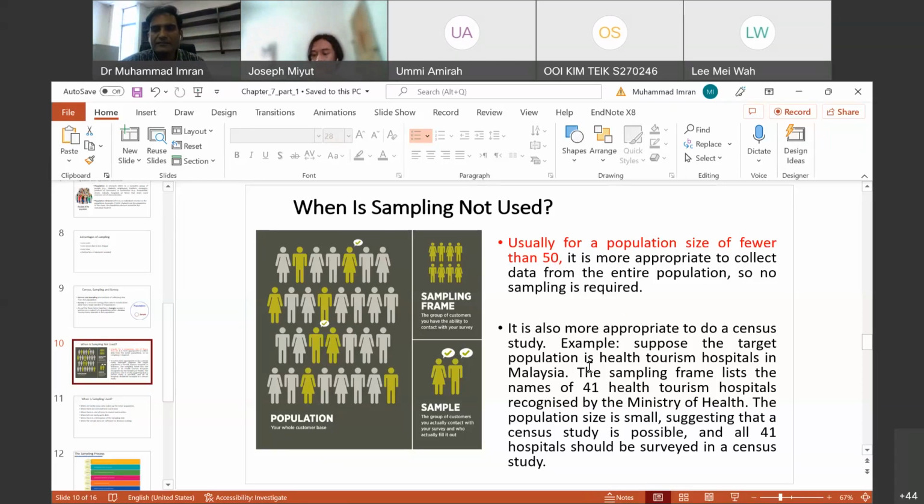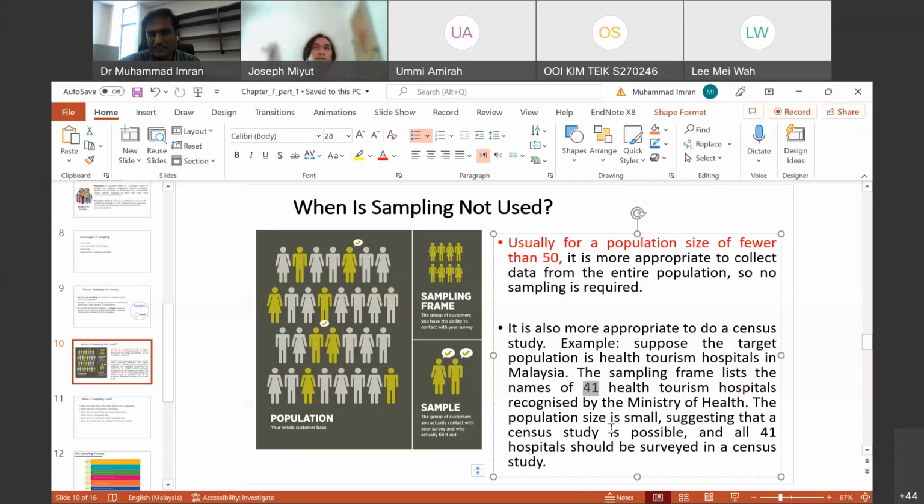Another case where it is appropriate to do a census study. Example, suppose the target population is health tourism hospitals in Malaysia. The sampling frame list has 41 health tourism hospitals, meaning the total population is 41, which is less than 50, or even less than 300, so we can still go for the whole population.